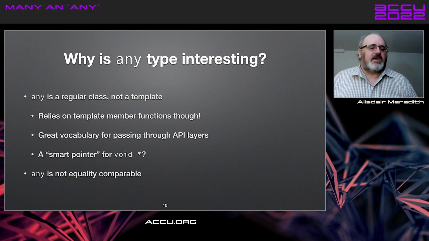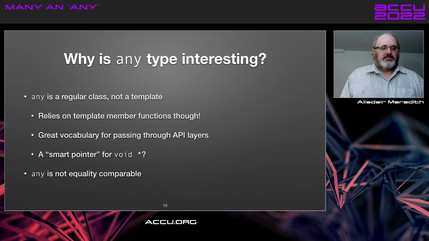So another way to think about it is it might be thought of as a smart pointer for void star, which is the traditional way that we used to anonymously pass types through the system. You would pass the pointer to the object, but then you're in trouble as to who owns the object and trying to track all the memory lifetimes. So any is like the smart pointer where it owns its copy, and it's just passable through APIs as void star was.